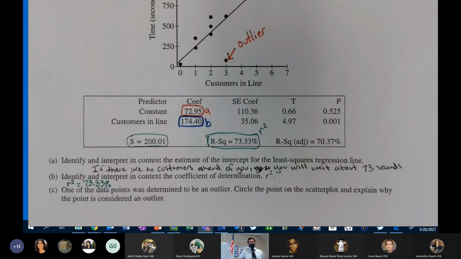It's just far away. More related to the context, this is essentially showing a huge difference between the expected time to checkout compared to the number of customers. We would expect that time to be much higher if there are 3 customers ahead of you in line. So it doesn't fit the overall pattern.